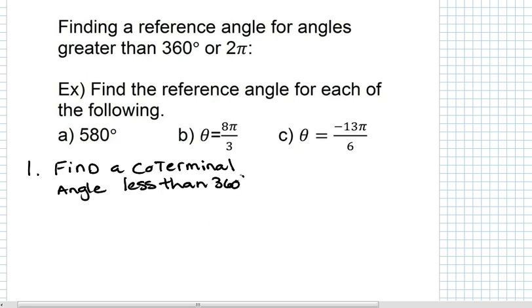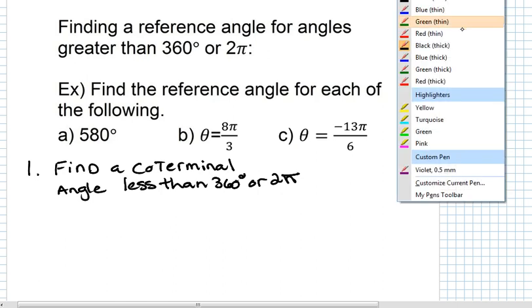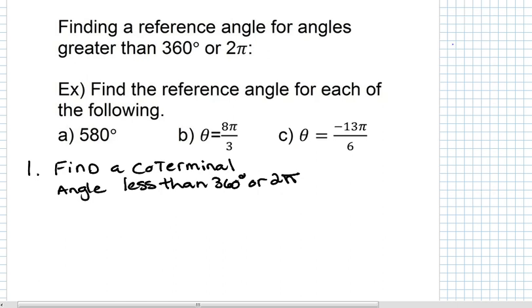So if you wondered why we did that in the last section, this is why. Because we're going to use it here to find a reference angle. So we want to find a coterminal angle less than 360 or 2 pi. So for part A, 580 minus 360 would give me 220.